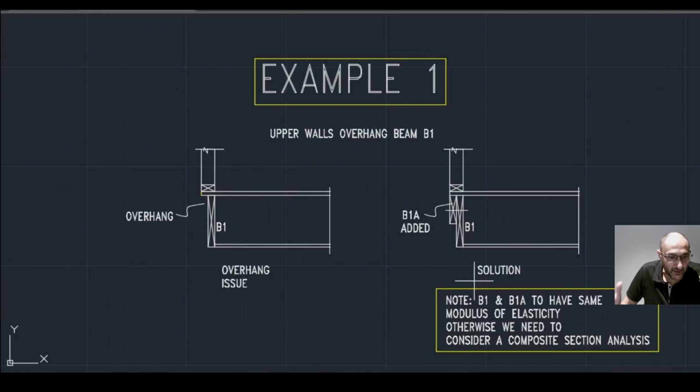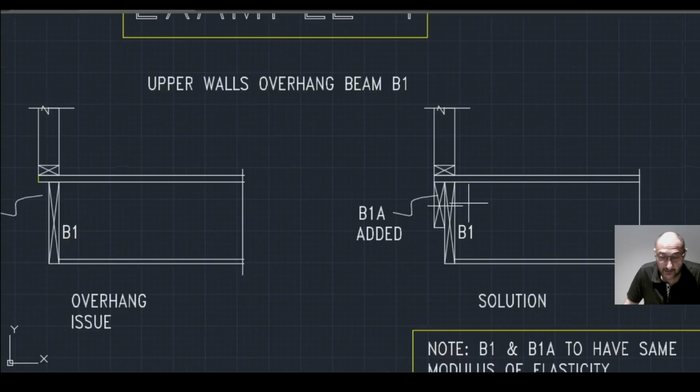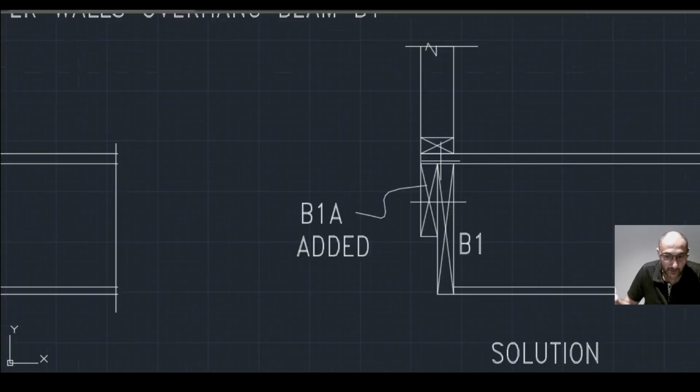So to consider B1 and B1A as a unified section, we need to first work out the shear stress. Okay, now shear stress is in MPa, Newton divided by millimeter squared. We also need to understand the shear flow, which is Newton divided by millimeters. So we can work out the shear flow and we know the thickness. And then the shear stress is due to the beam flexure in the plane where the two elements are in contact, where the two elements are fixed.